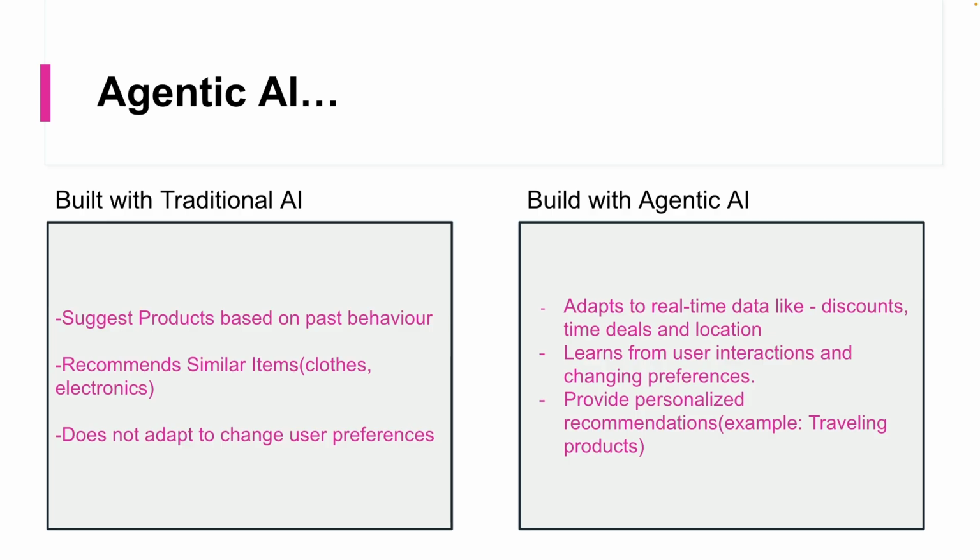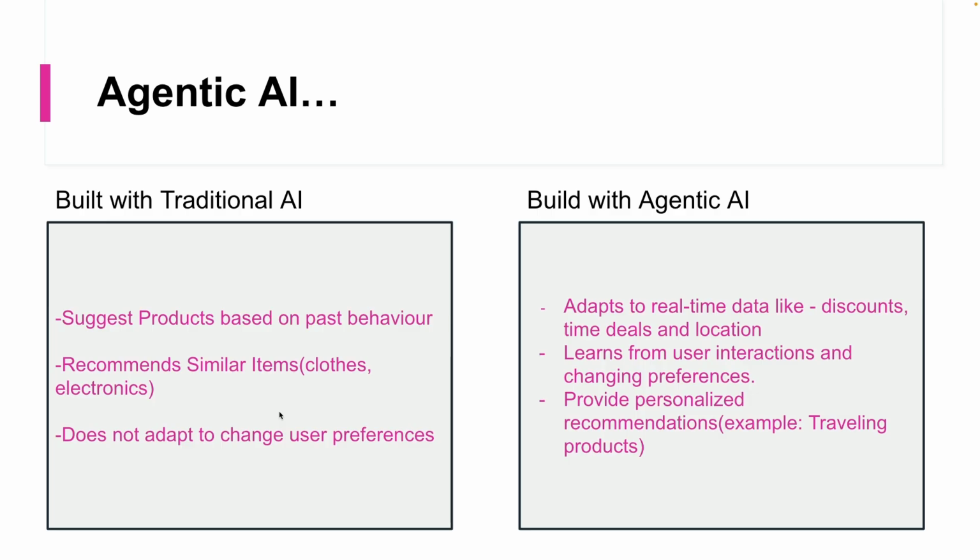While that's fine initially, it won't suggest new trends or styles you might like as your taste evolves. So these systems don't adapt well to changing preferences. In a nutshell, traditional systems are stuck in the past, unable to keep up with dynamic shifts in user behavior.